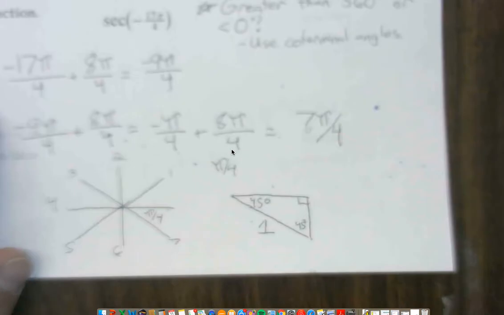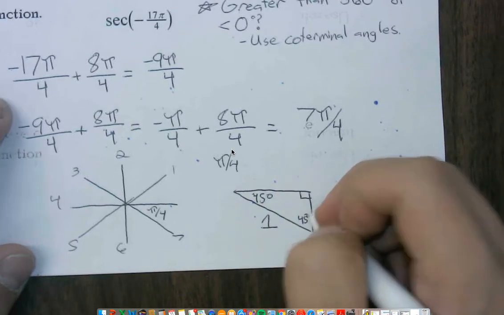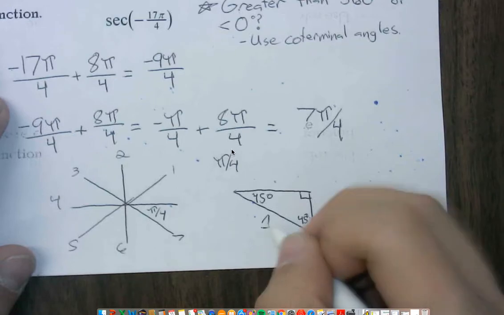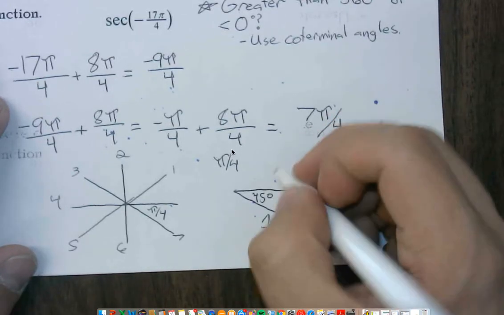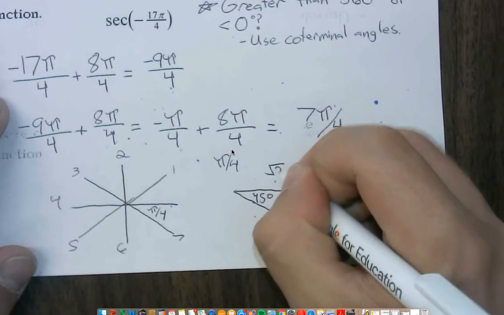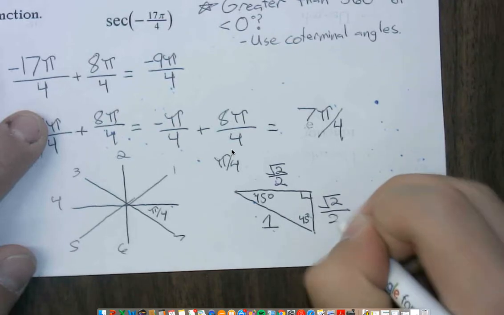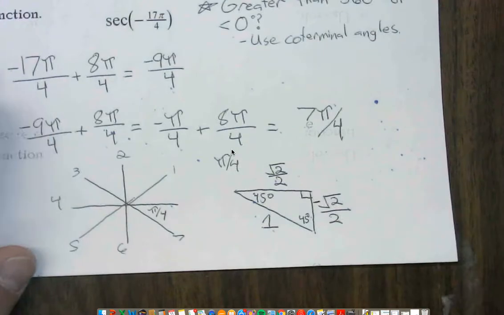Recall that if we're dealing with a 45-45-90, our hypotenuse is always 1, and then our sides are always square root of 2 over 2. But keep in mind this is a negative change in y, so we'll make that negative.